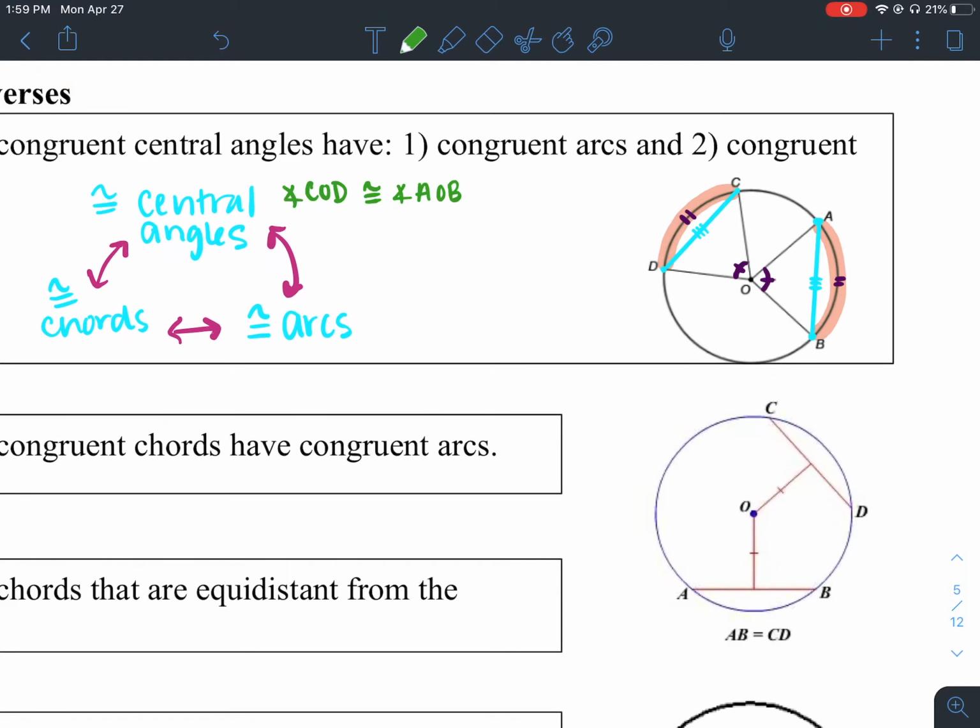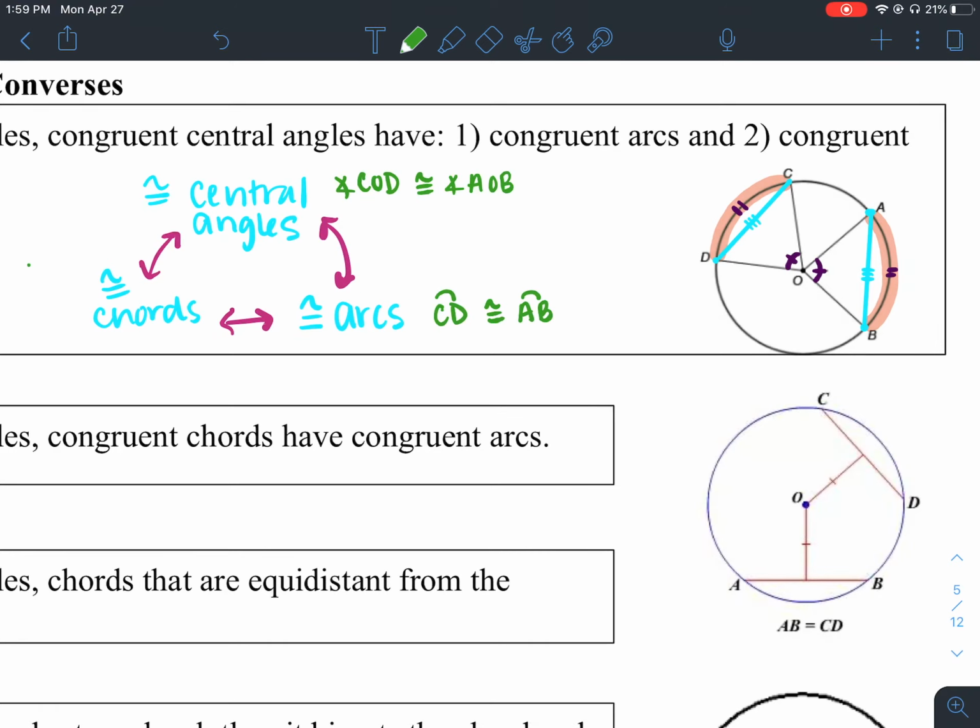But when I get to my arcs, I have arc CD. I need to make sure I put the little arc above that is congruent to arc AB with the little arc above it. Because when I talk about my chords, I'm still going to use C and D and A and B with segment bars above them.